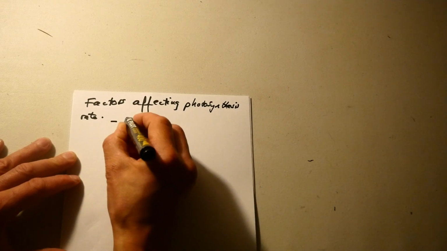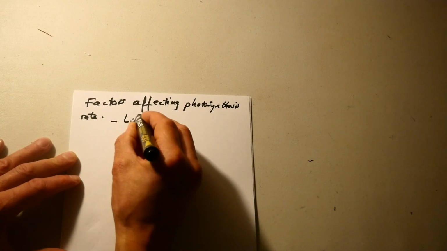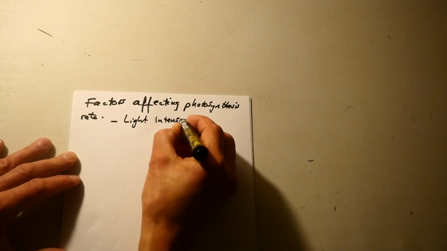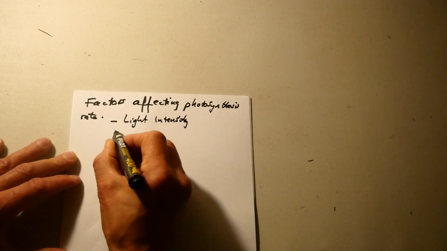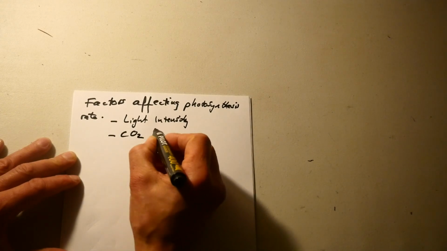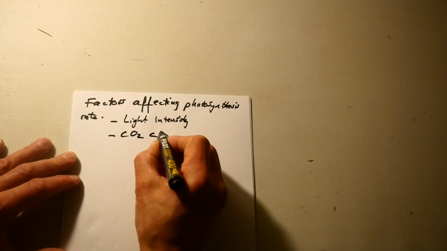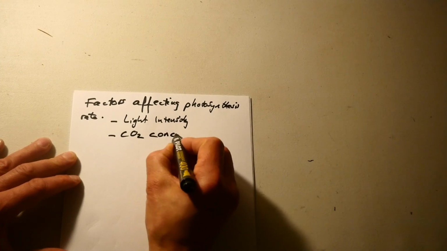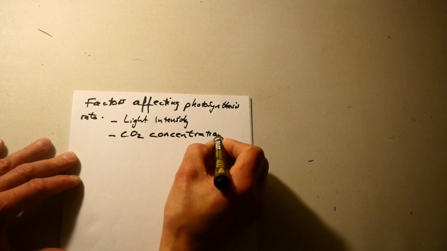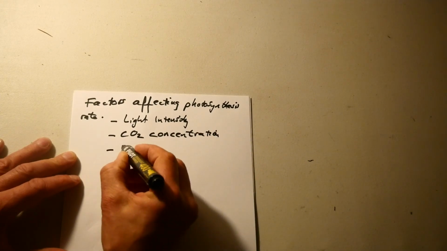So one is light intensity. And the second is CO2, the concentration of CO2. And the third one is the temperature.